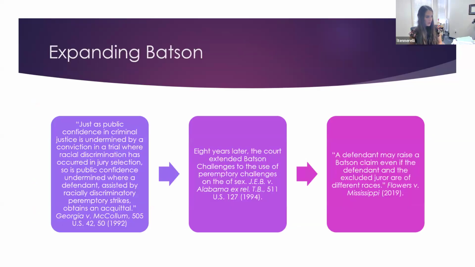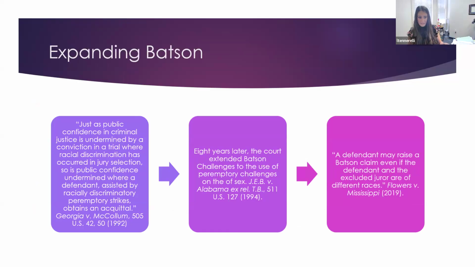Okay, so after Batson gets decided, it gets expanded in several ways. First, it gets expanded not just from prosecutors, but to defendants in criminal cases. So defendants also cannot strike jurors based on race. That's in a case called Georgia versus McCollum.